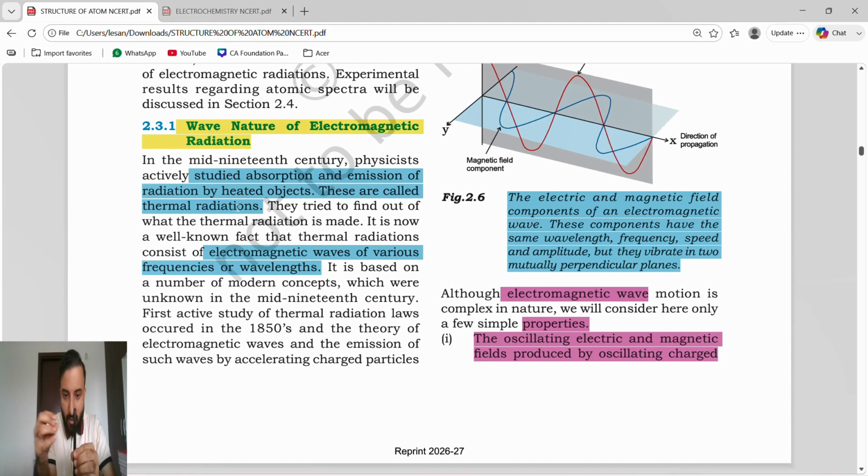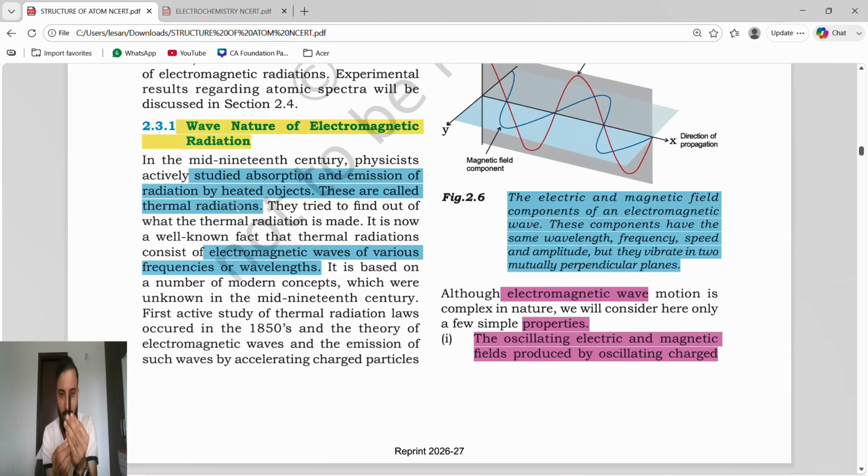When we give heat to the object, this object will absorb the heat. Correct? So first I take a normal object, at room temperature. Then I start heating this object. When I start heating, this object will start absorbing the heat.